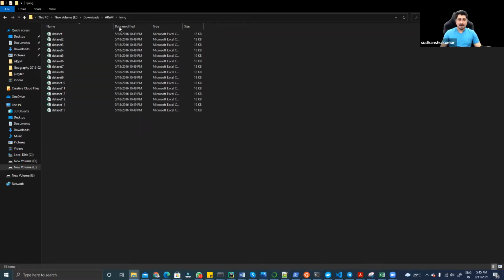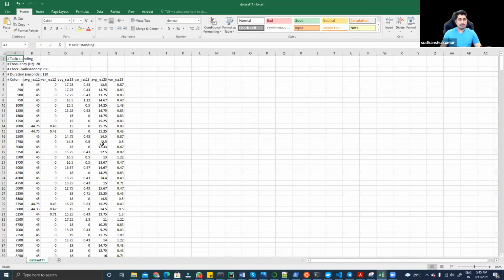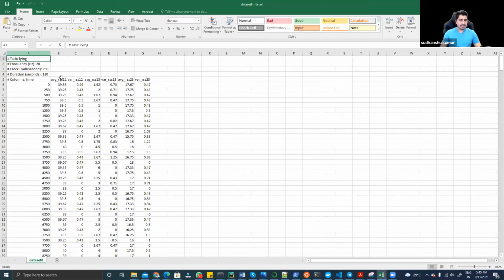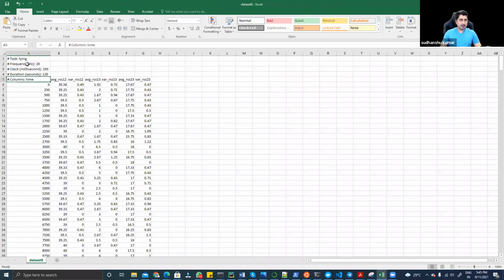Now let's suppose inside lying, I'm trying to open one of the sheets. This is how your sheet looks. Inside this sheet, you will find frequency, clock, duration, and column time. Plus you will find average RSS, RSS 12, RSS 13, RSS 23.